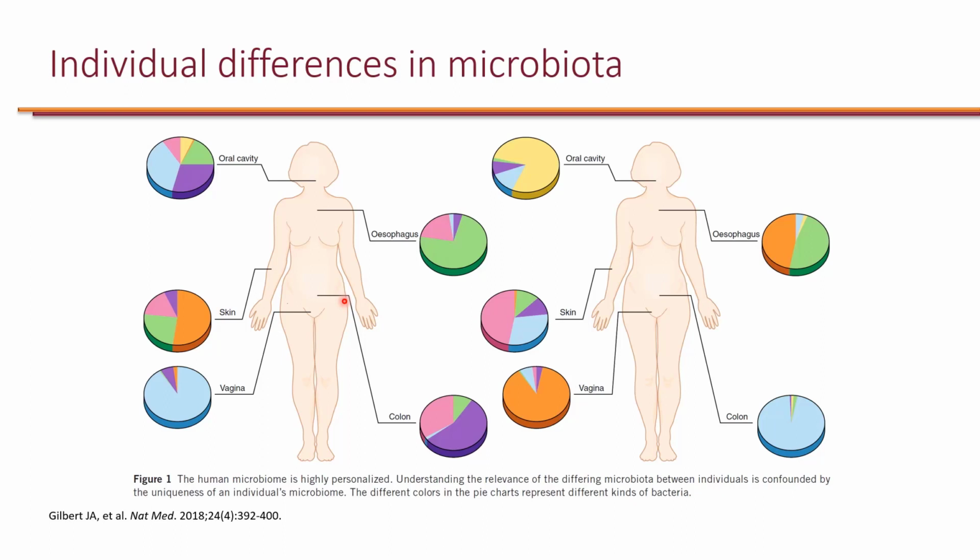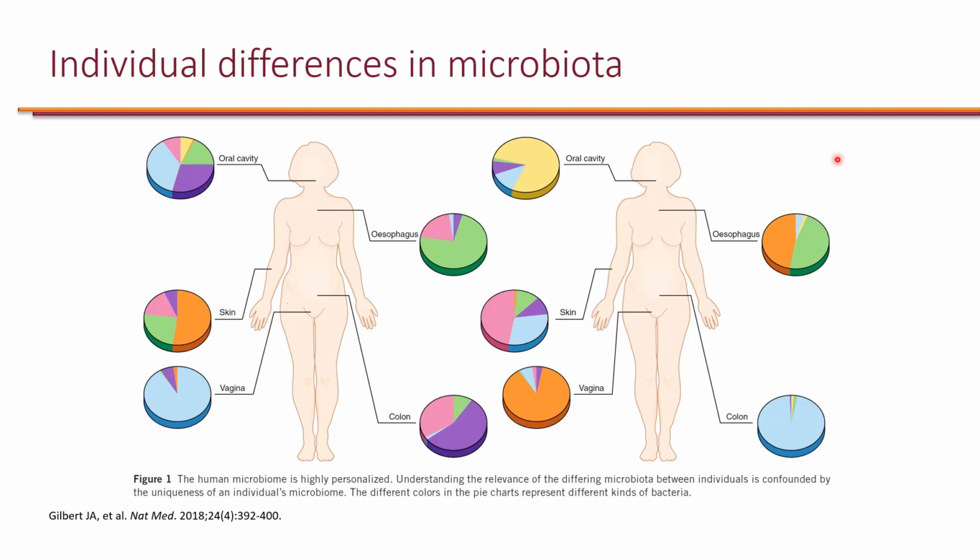The composition of microbiota is very different, and this is part of why different individuals have different health outcomes. But it's really difficult to make sure that people have the same flora composition, and it may not even be necessary for everybody to have the same composition.